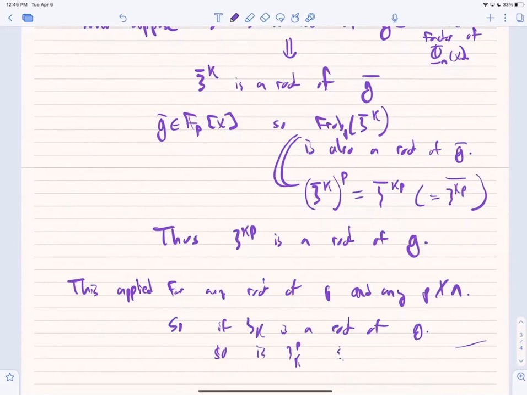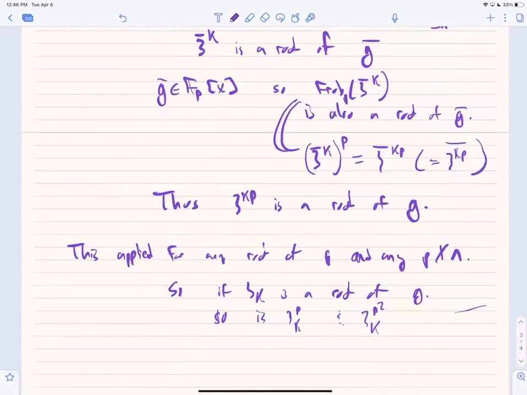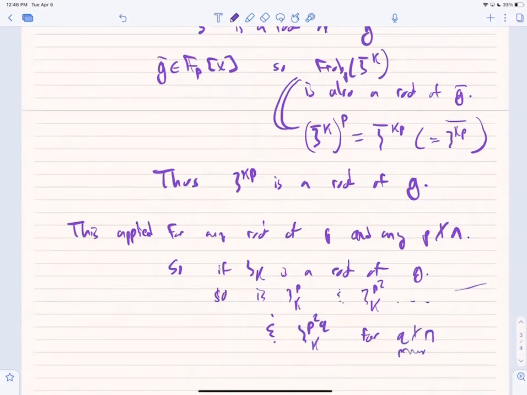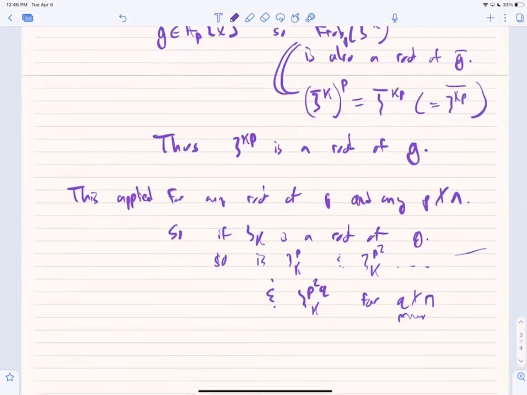Then I apply the same thing to zeta to the k to the p, which I now know is a root, and I get zeta to the k to the p squared. If I know zeta to the k to the p squared is a root, I can take some different prime q, so zeta to the k p squared q, and so on. I can just repeat this, and primes not dividing n generate (Z/nZ)^×.